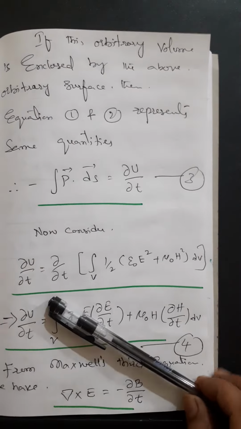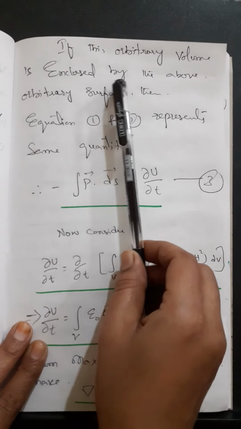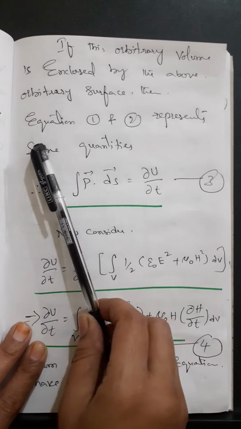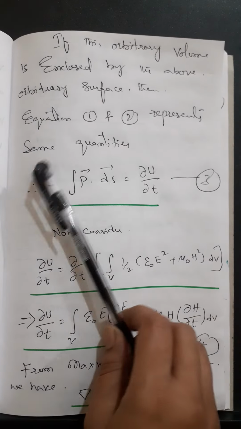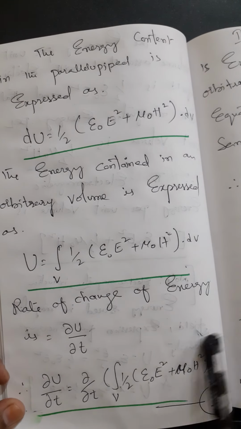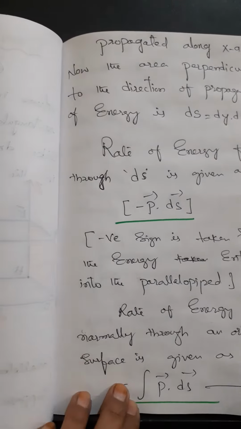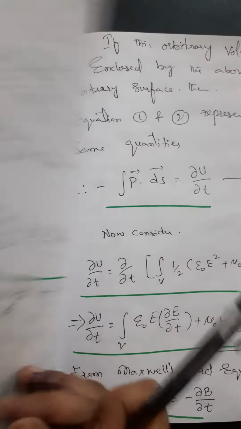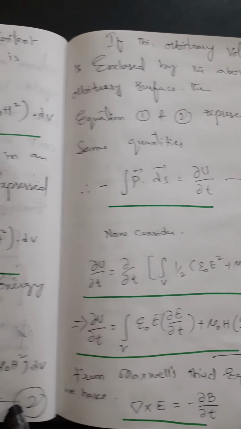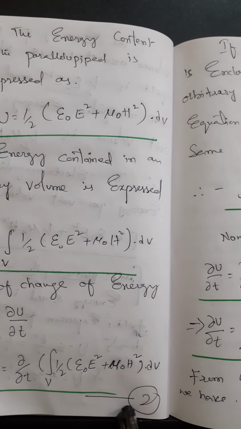Now if this arbitrary volume is enclosed by the above arbitrary surface, then equations 1 and 2 represent the same quantity. Equation 1 represents the rate of energy flow, and equation 2 also represents the rate of energy flow. It means we have to equate equation numbers 1 and 2.